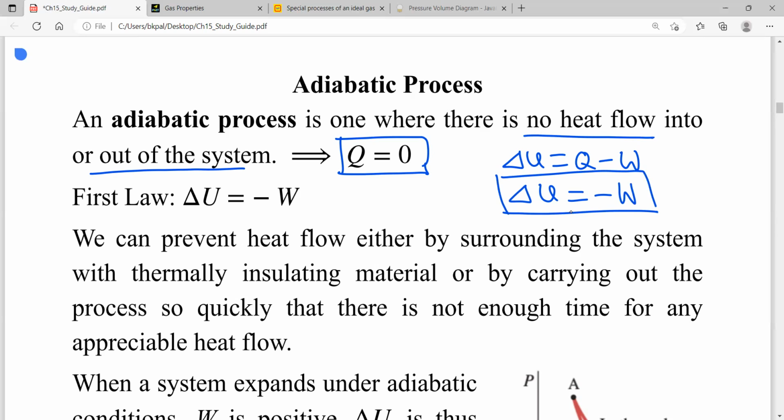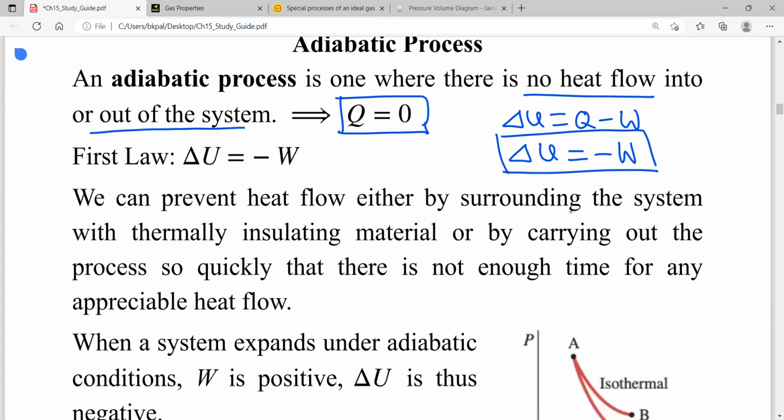Now, how can you keep the heat flow at zero? You can prevent heat flow by surrounding the system with thermally insulating material. Okay, so that is the easiest way to do this.